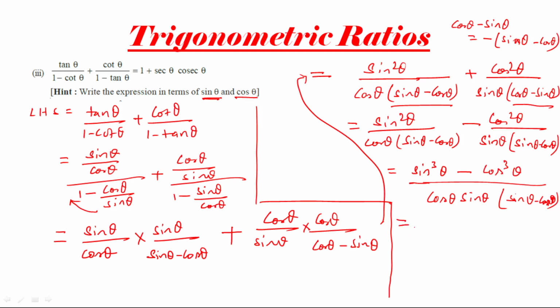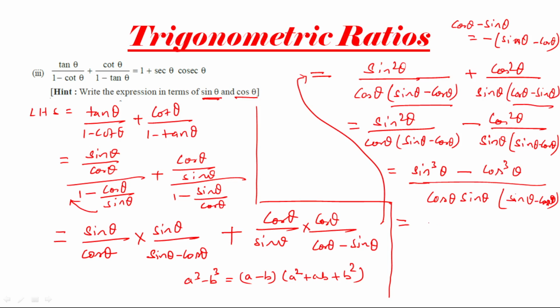Now the formula we are going to utilize, and which is that formula? The formula is a cube minus b cube, so it will be a minus b into a square plus ab plus b square. So a minus b into a square plus ab plus b square, this formula we are going to utilize.